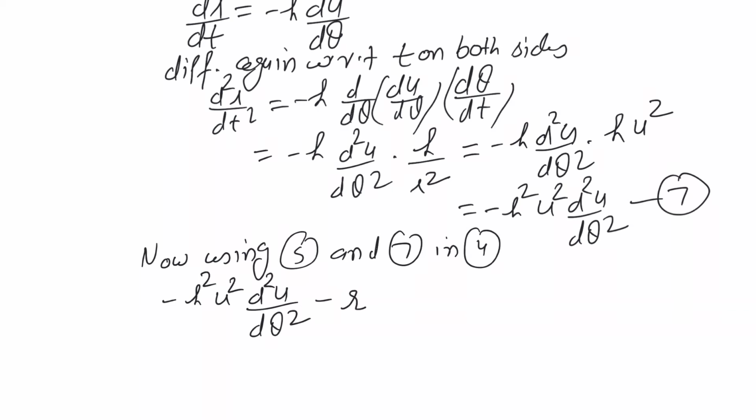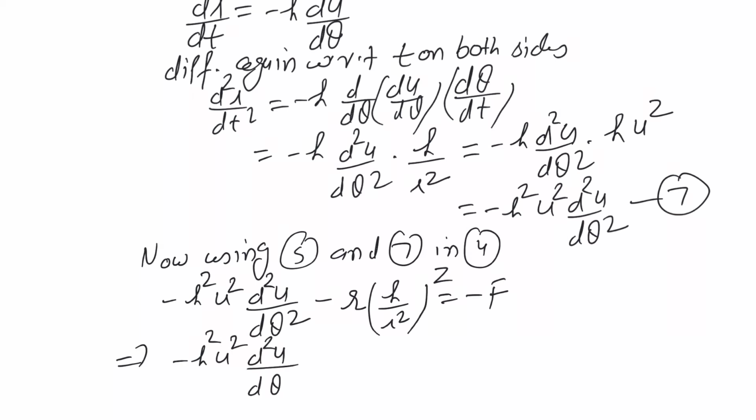From equation number 5, theta dot is h by r square, is equal to minus f. This implies that minus h square u square d square u by d theta square minus h square by r cube is equal to minus f.